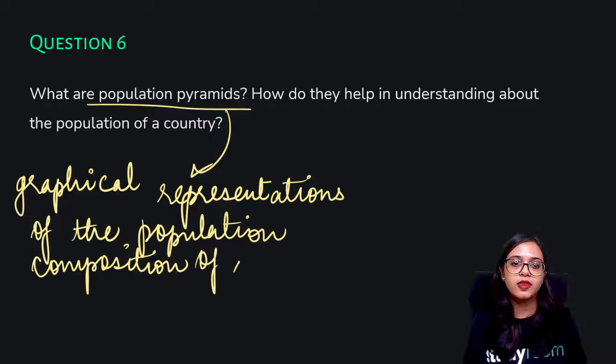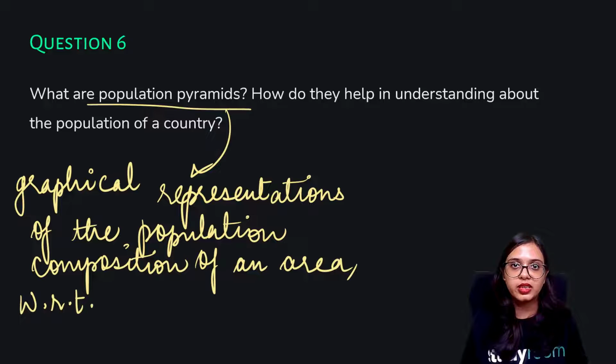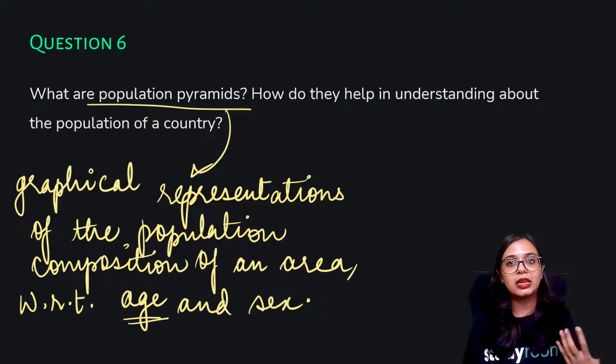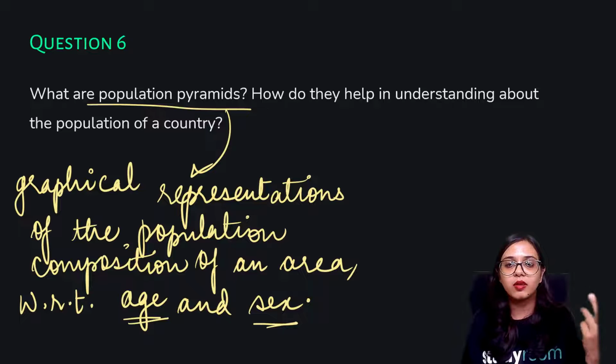You can just write simply of an area with respect to, I'm abbreviating it as WRT, with respect to two important factors. What are they? Age and sex. So different age groups and the two sex groups, the binary sex group, that is male and female.